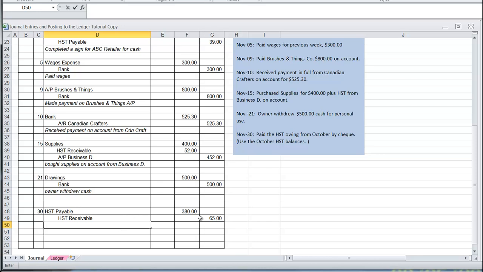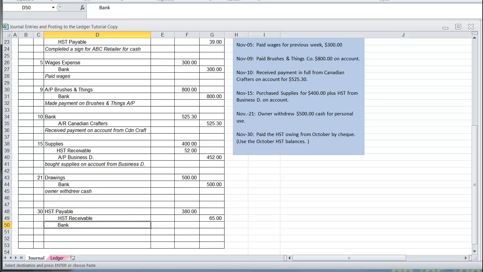So HST payable is what this company owes to the government. So notice it's quite a bit bigger than the HST receivable. And so that's why the difference would be, let's get rid of that V, a credit to bank.